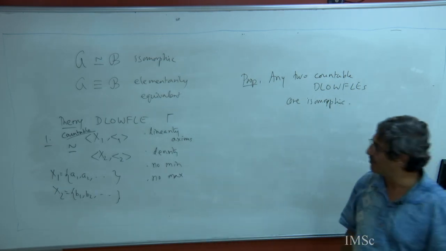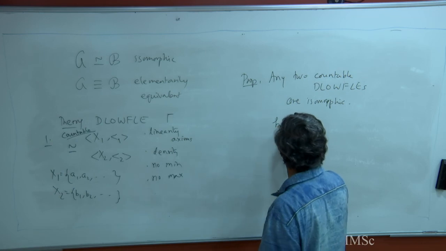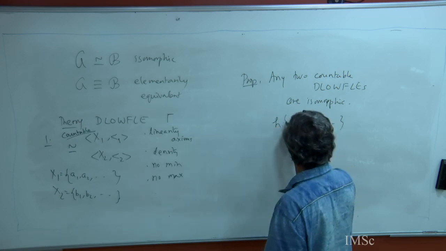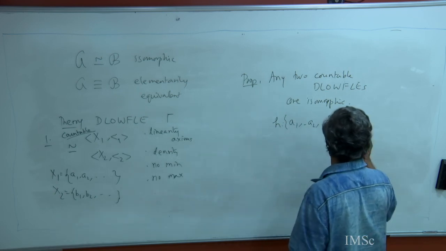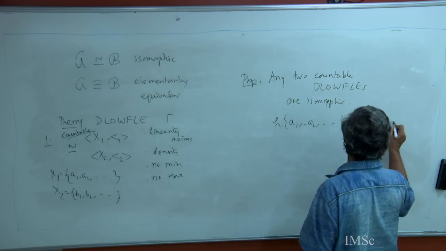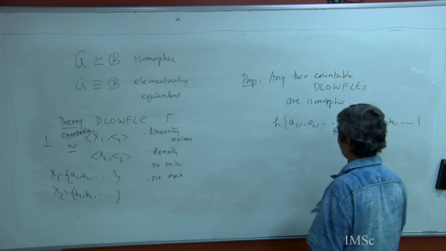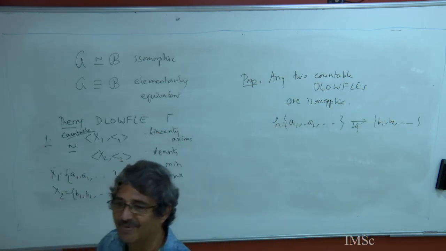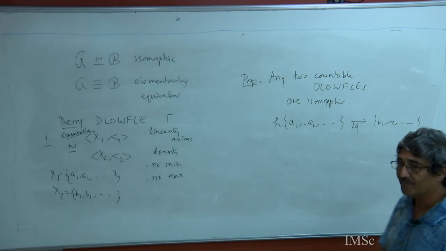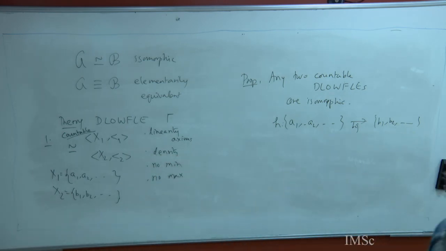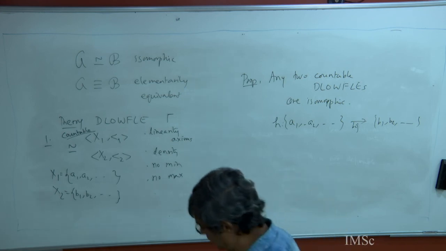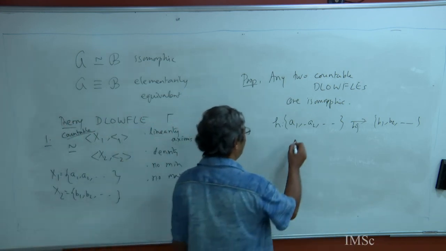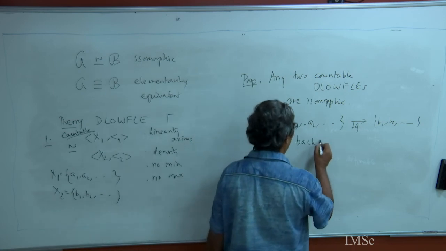I want to build a bijection. And I want to illustrate something in the process, which is more important for me right now: you do it by what is called a back and forth construction.